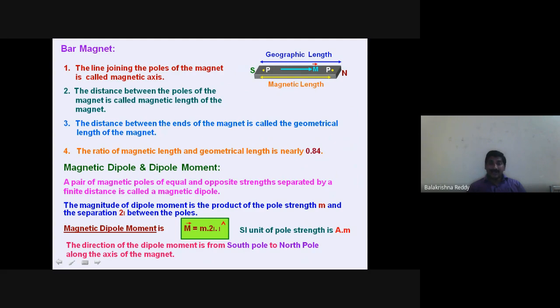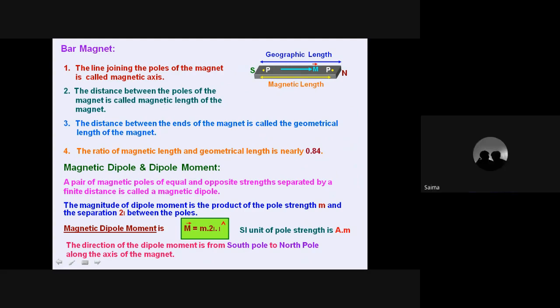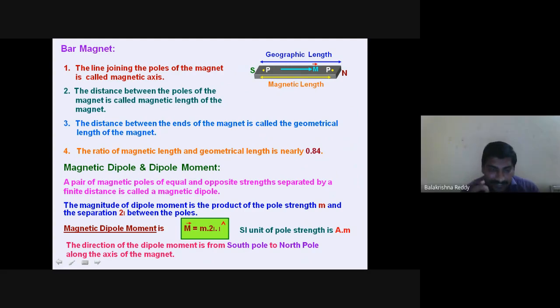But along the axis we are taking, it is south pole to north pole. Magnetic dipole moment is the product of magnetic pole strength and its separation length 2L. Okay, this is a very clear definition of magnetic dipole moment.